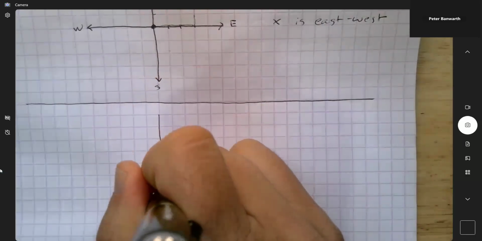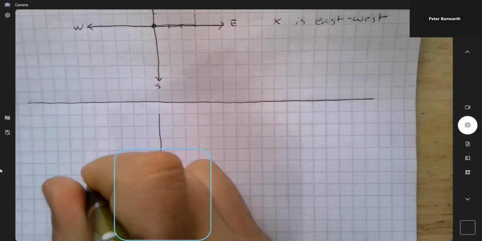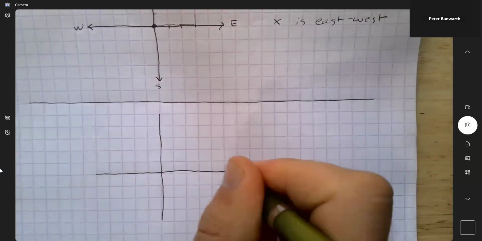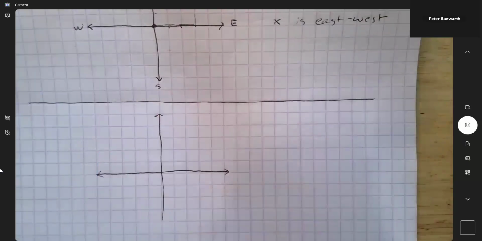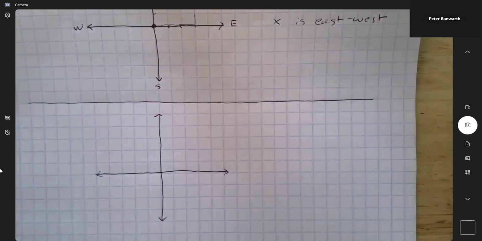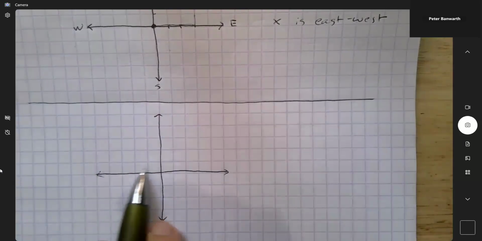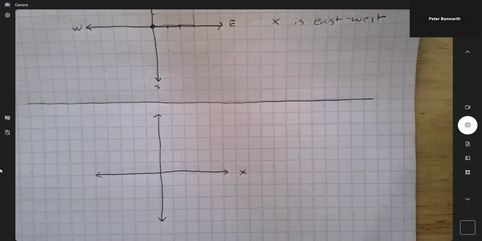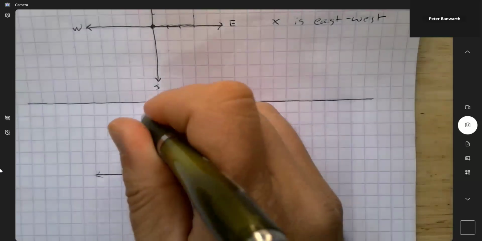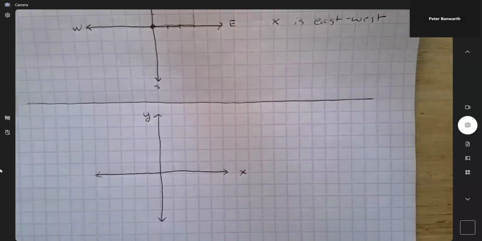However, as you get more comfortable, you're going to start using what are called coordinate pairs or ordered pairs. So instead of writing west and east, I'm just going to indicate this is my x-axis, which represents east-west. Instead of north and south, I'm going to indicate that that's my y direction, north-south.